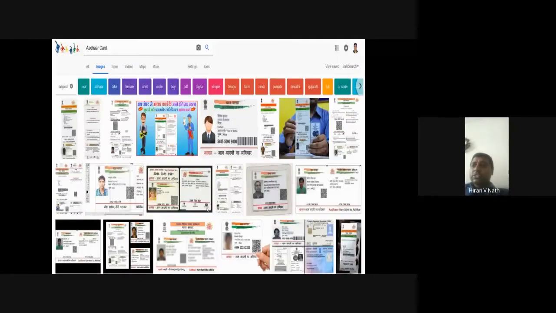Okay, so this is just to give a scenario of your privacy. How many of us take care of our Aadhaar card? Our Aadhaar card is our property, but in most cases, if you just do a Google search, or if you intend to get someone's Aadhaar card, you would be able to get it by some means.